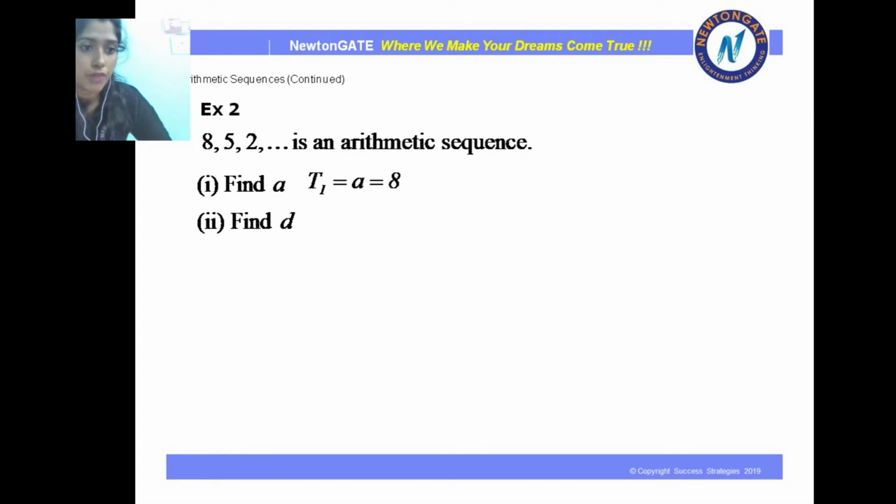D will be found by subtracting the first term, the previous term, from the second term, or subsequent terms. The previous one will be getting subtracted from this.